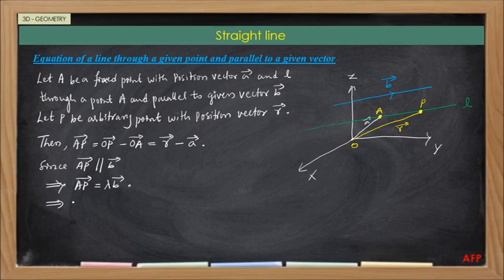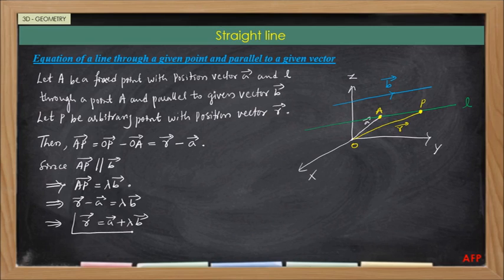Now we will substitute the value of vector AP and send a to the other side. Vector r is equal to vector a plus lambda times vector b.